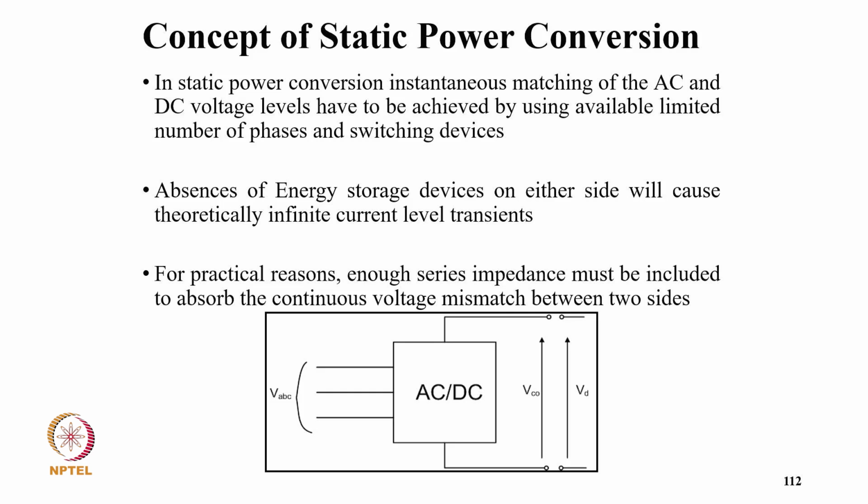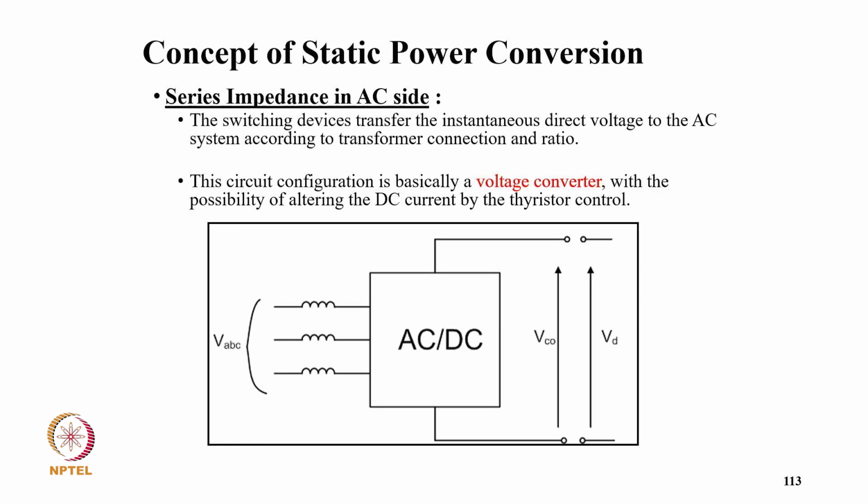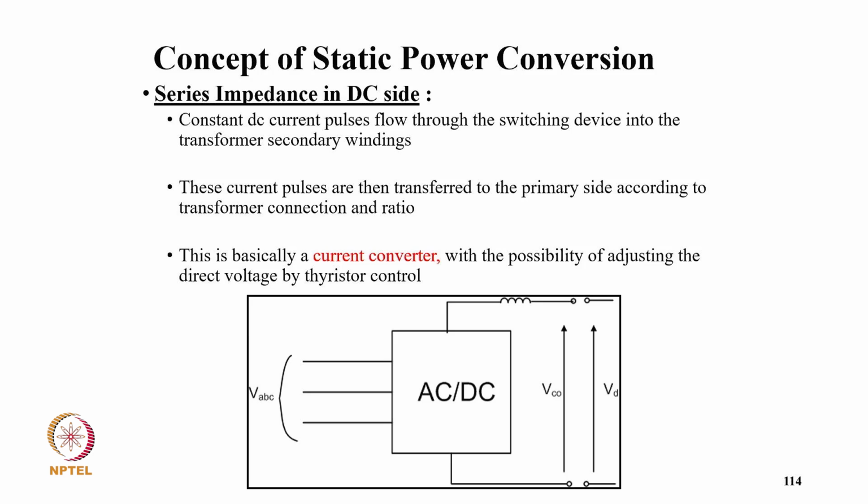This is the converter between AC and DC. With series impedance on the AC side, the switching devices transfer the instantaneous direct voltage to the AC system according to the transformer connection and ratio. The circuit configuration is basically a voltage converter with the possibility of altering the DC current by thyristor control.